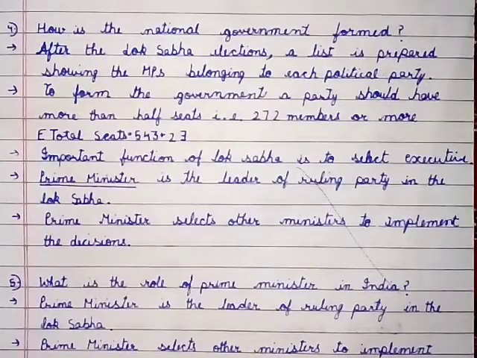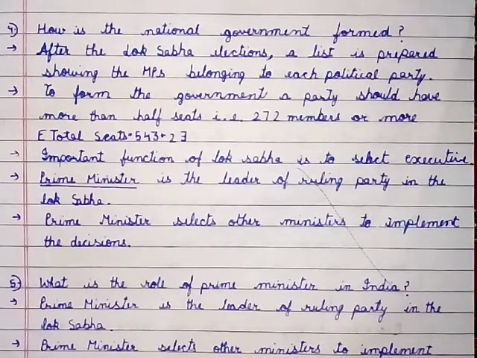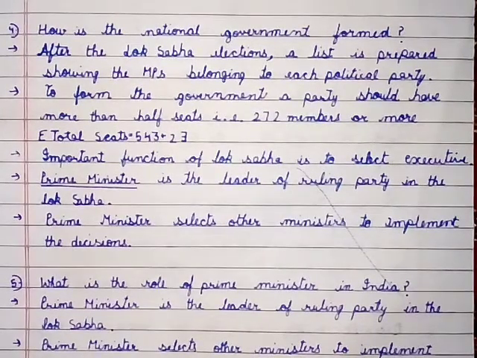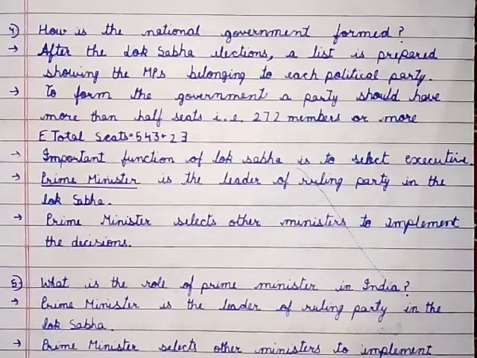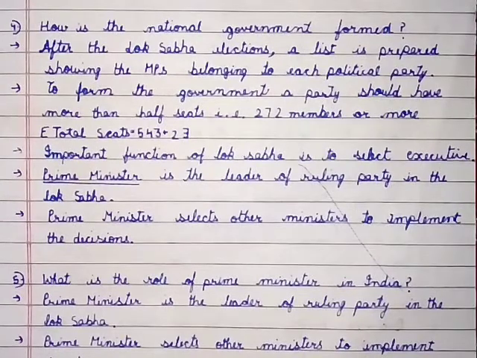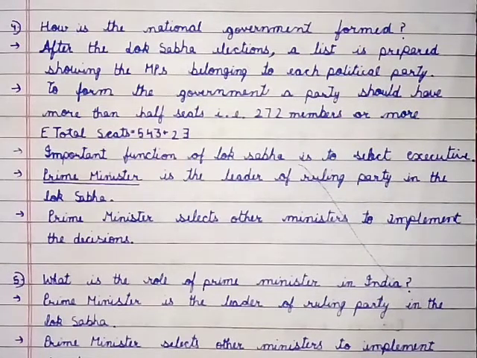Question number 4. How is the national government formed? After the Lok Sabha elections, a list is prepared showing the MPs belonging to each political party. To form the government, a party should have more than half seats, that is 272 members or more.